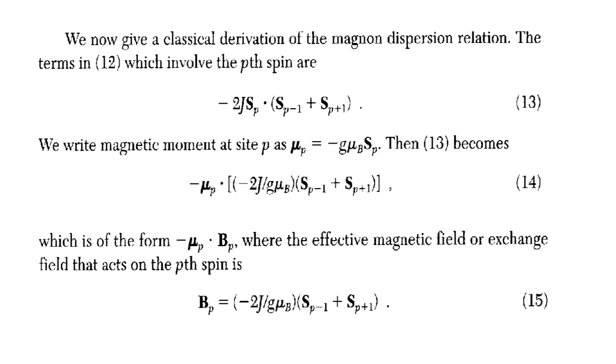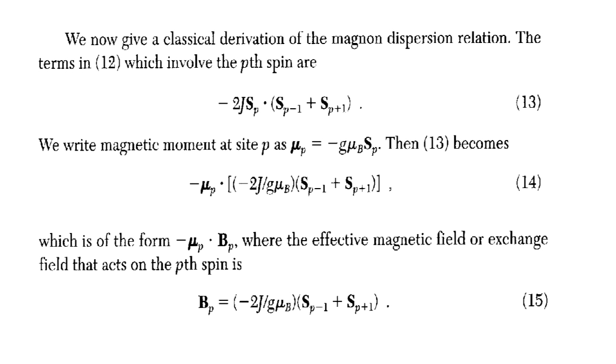Now we consider the magnetic moment of the site p, that is mu_p, equal to minus g mu_B S_p. We substitute for S_p using this expression, and you will get the exchange energy at the p site, which can be written in this form: U is equal to minus mu_p dot B_p.